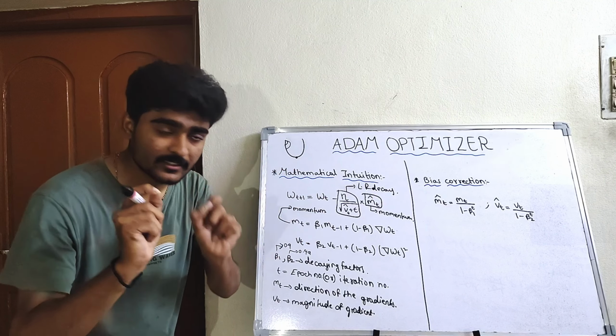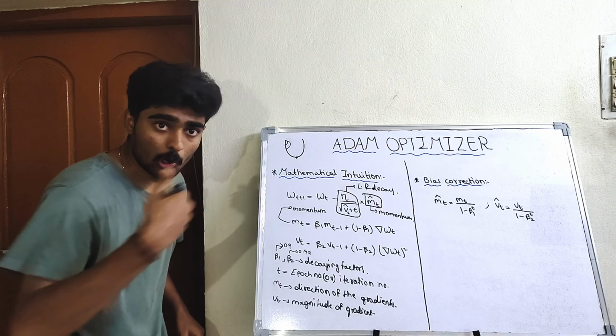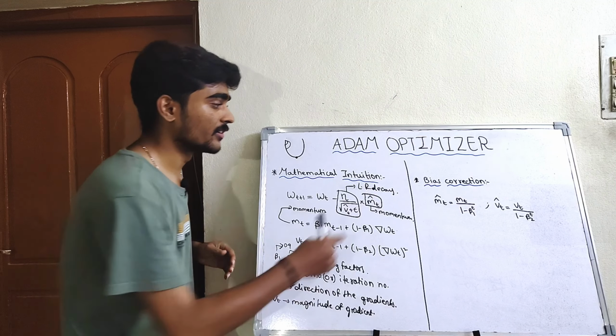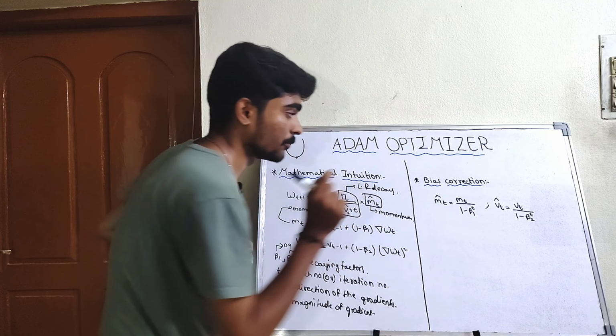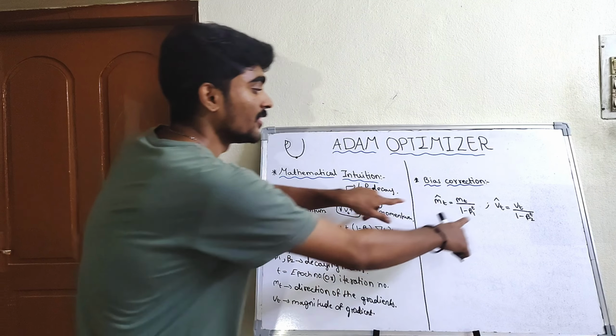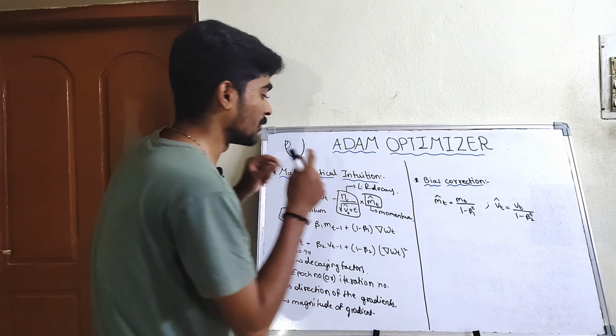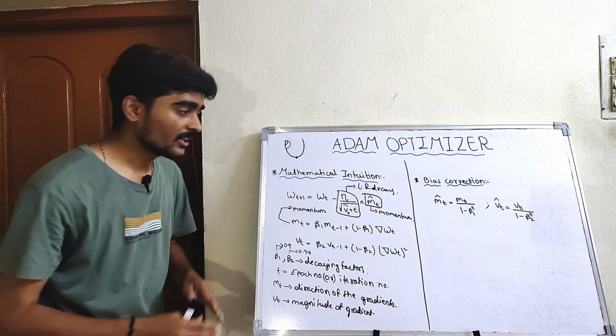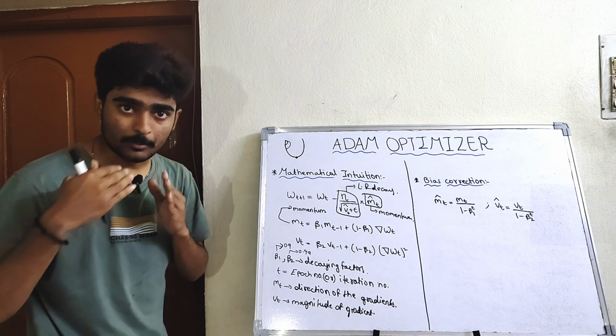After applying the bias correction, the final outputs we get are m cap of t and v cap of t. Then we substitute m cap of t and v cap of t in this formula. This is how the Adam optimizer works.